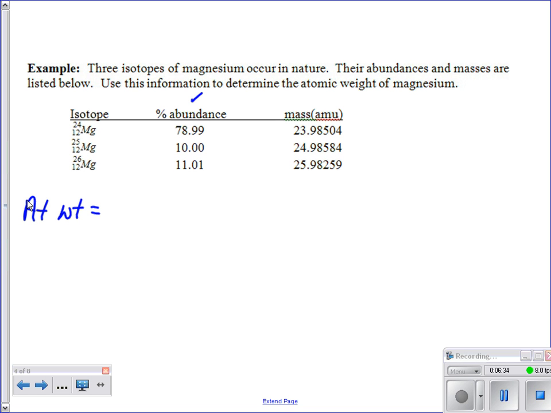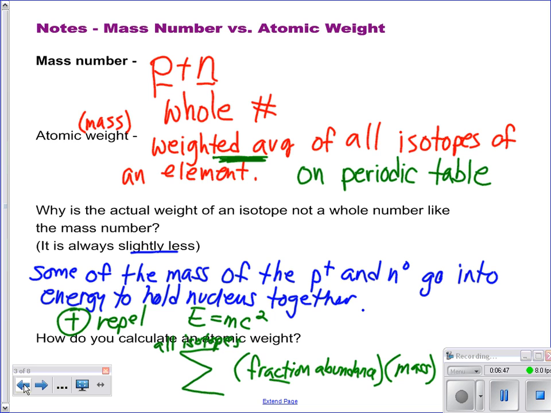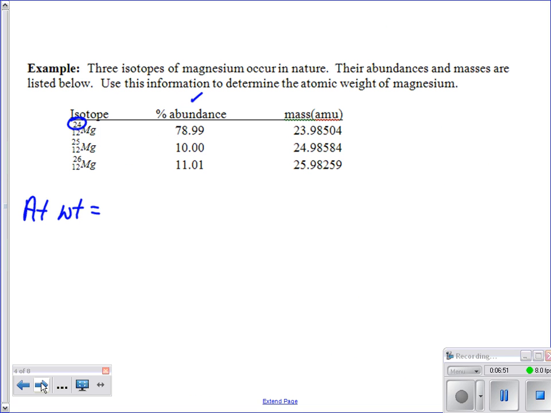What is it that would appear on the periodic table? And notice that here, magnesium 24, well, that means it has a mass number of 24, but remember what we said earlier, the actual mass is always slightly less, so instead of being 24, it's 23.985, etc. So a little bit of that mass was lost in the process of converting to energy and holding that nucleus together.